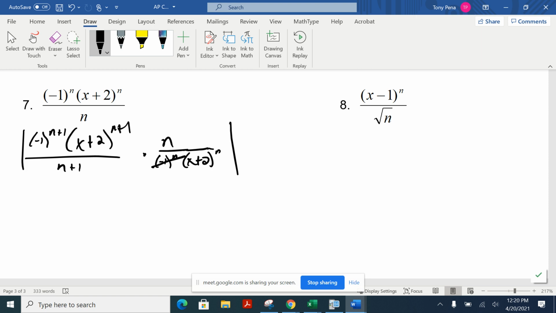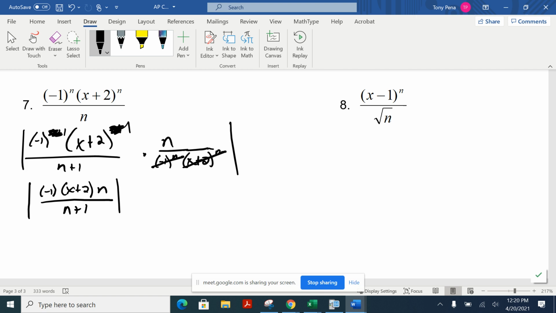All right, then the negative 1 to the n's should cancel, and the x plus 2 to the n's should cancel. So what we would initially have, we still have the little negative 1 there. We have an x plus 2 to the first power, and then the n. And then on the bottom, all we would have is an n plus 1.